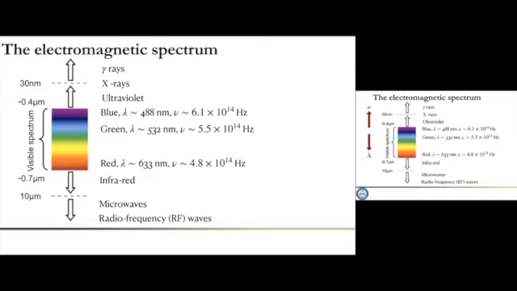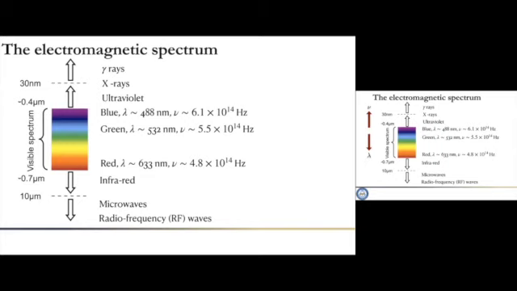And here I'm showing also the typical characteristic wavelengths that we think about, like blue, which is a laser that's available quite easily in the blue wavelength region, 488 nanometers, with a frequency, as you can see, of 6 times 10 to the 14 hertz. So typically the frequencies of electromagnetic waves are in the hundreds of terahertz, terahertz being the 10 to the 12 hertz regime.